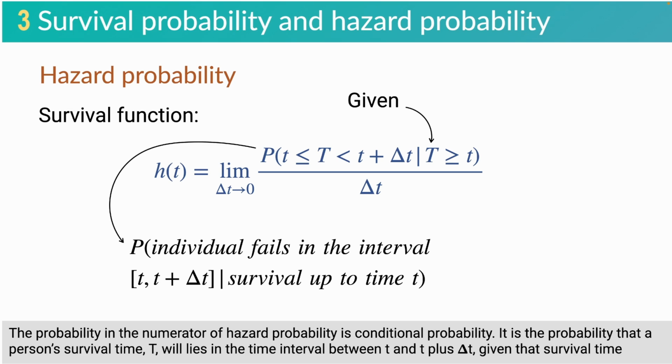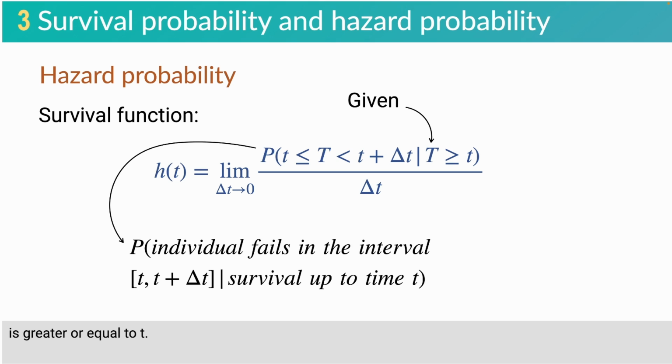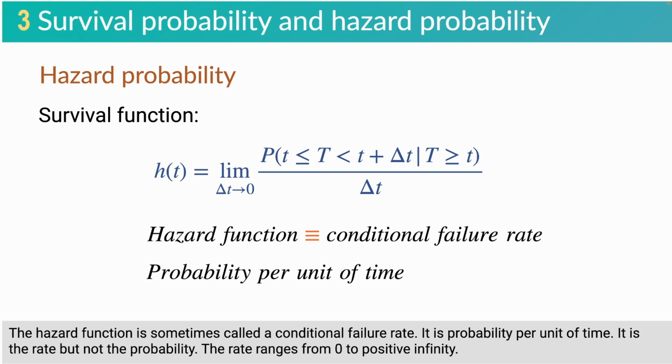It is the probability that a person's survival time, capital T, will lie in the time interval between t and t plus delta t, given that the survival time is greater than or equal to t. The hazard function is sometimes called a conditional failure rate.